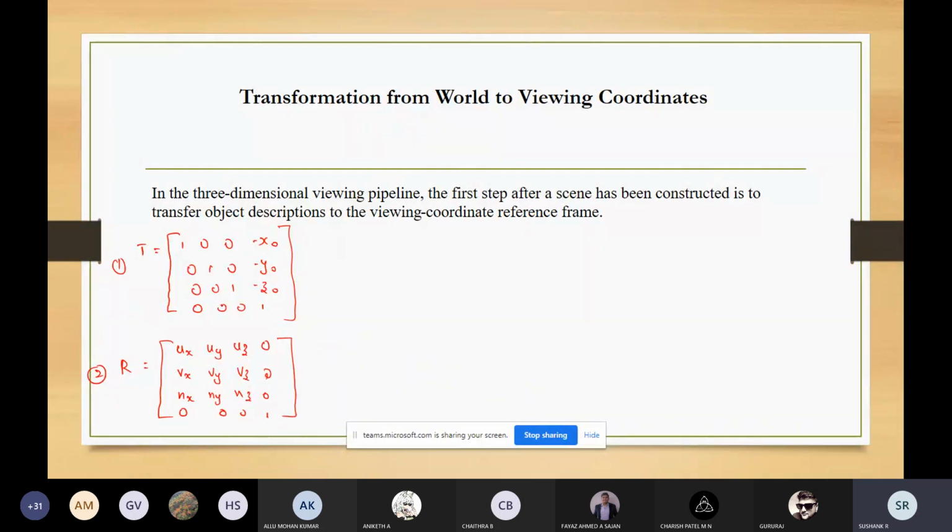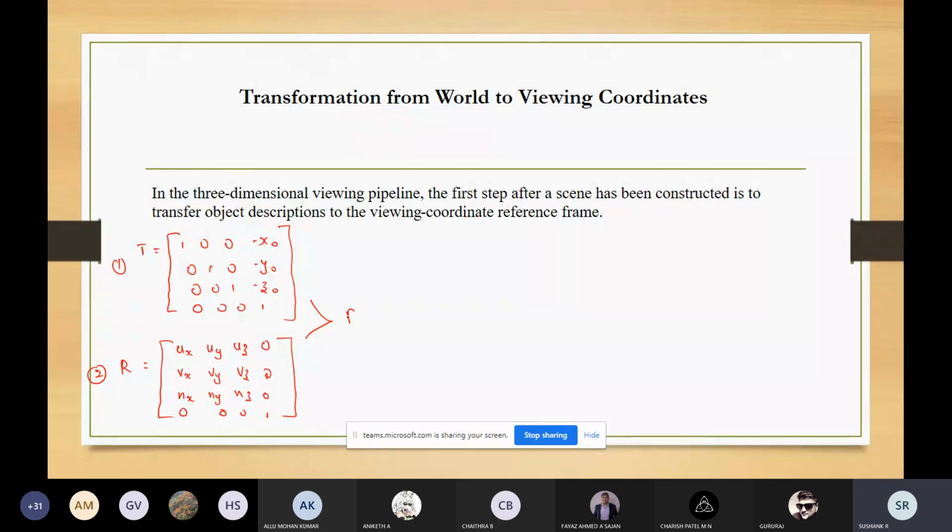Now the final transformation matrix will be obtained as a product of the translation matrix and the rotation matrix. Once we perform the product of these two matrices, we will obtain the final coordinate transformation matrix.